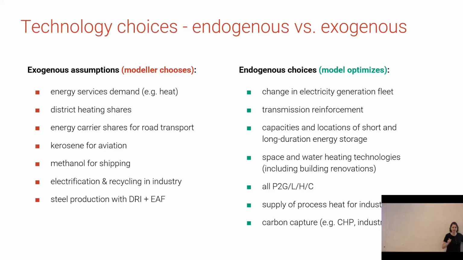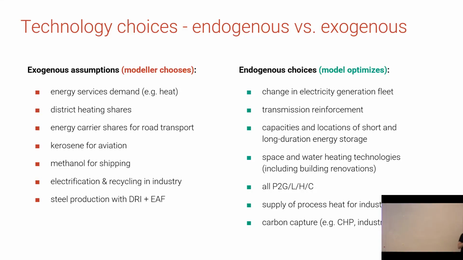To what extent the different sectors in the industry are electrified, and to what extent recycling is reducing the need for virgin materials in the different sectors. And to what extent some transformations in the industry, such as the production of steel via direct reduced iron and electric arc furnaces, are used. You can also select this via the config file.